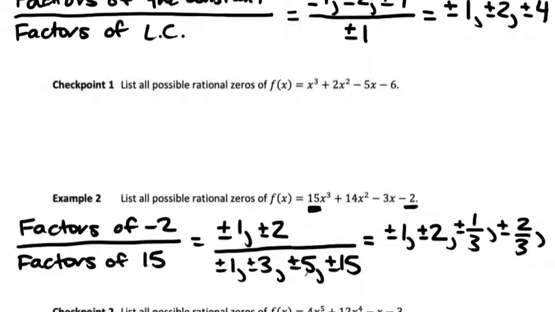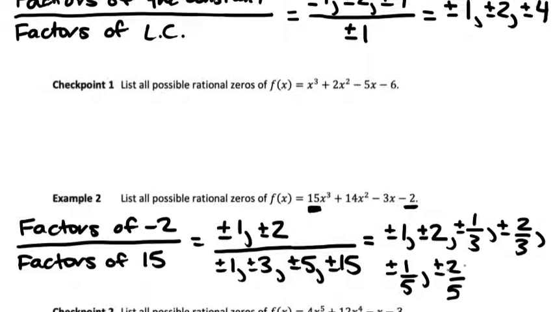Okay, so now I'm going to go to 5. Plus or minus 1/5, plus or minus 2/5. Now, if you get a situation where a fraction simplifies into something that you already have listed, then you don't need to count it again. So say if I had 2/10 come up here in my list, that's equal to 1/5, and so I would not list 2/10 again.